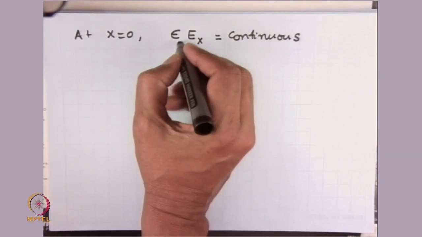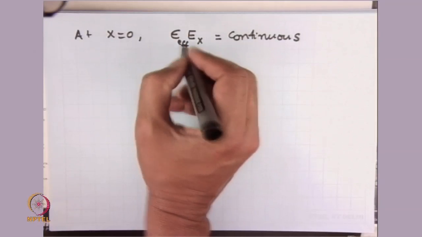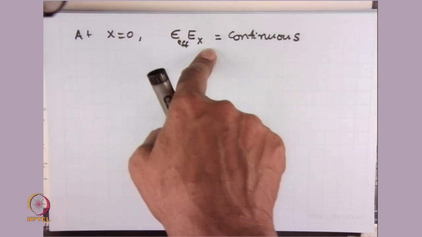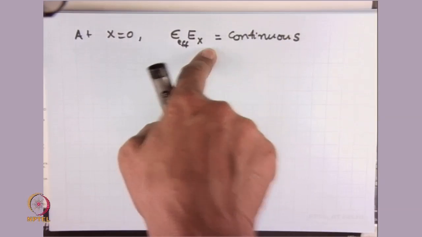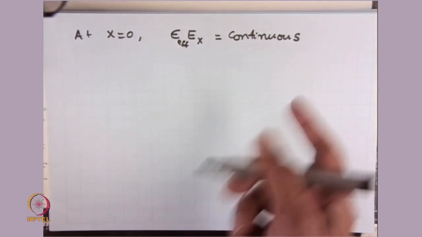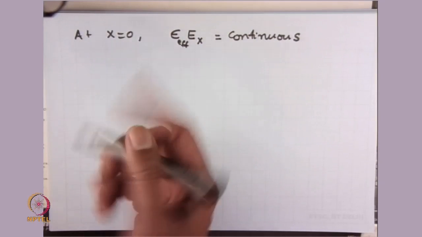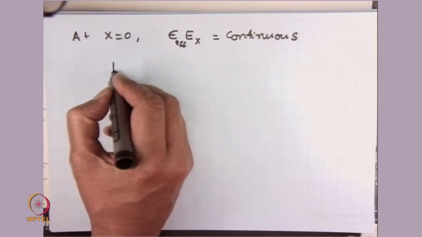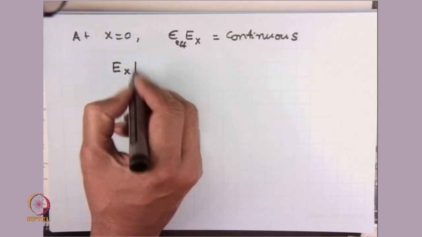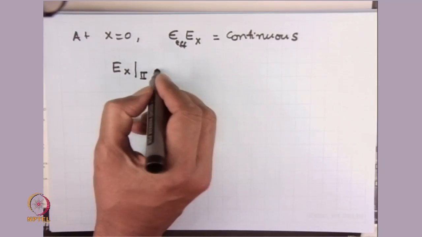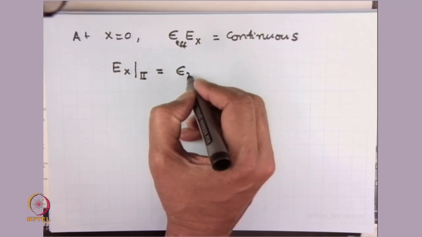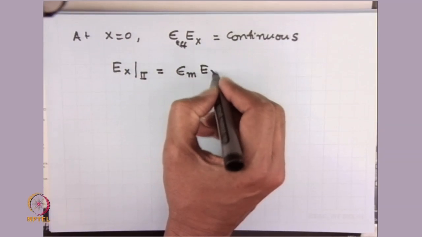This is the effective relative permittivity of the medium multiplied by Ex, which is called the normal component of the displacement vector, should be continuous. In free space, the value is unity. So, I would say that Ex in the second medium should be equal to, in the first or lower medium, the value of this quantity, epsilon m into Ex in the first medium.